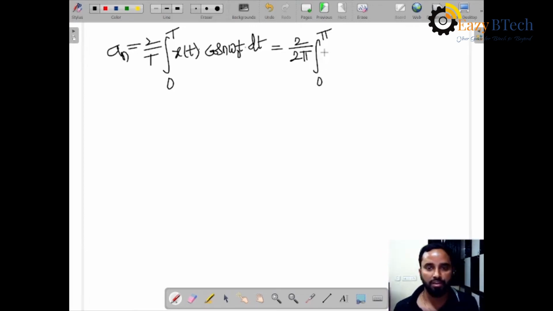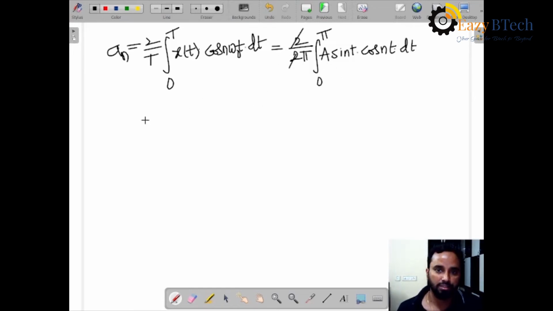So from 0 to pi, x(t) is a sin t, times cos(n omega naught t). What is the omega naught value? Omega naught is 1. That is why cos(nt) dt. So here the 2 gets cancelled. Now an is equal to a by pi.